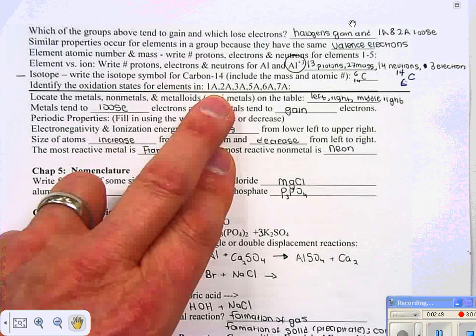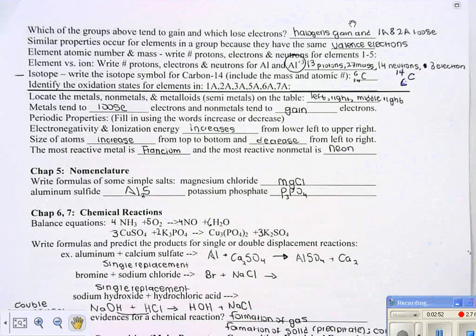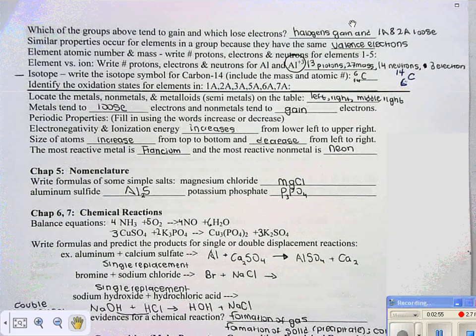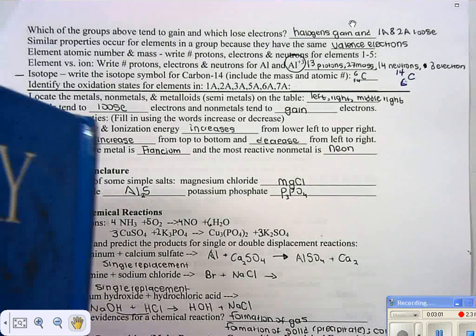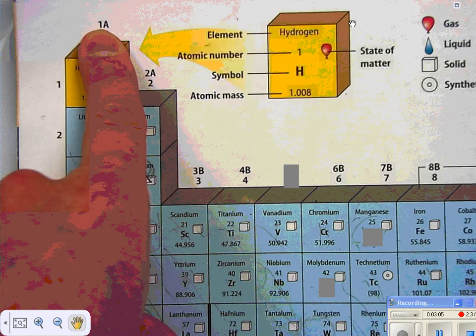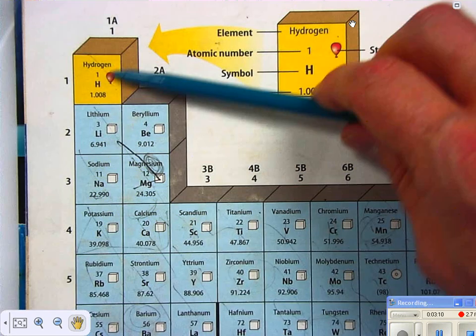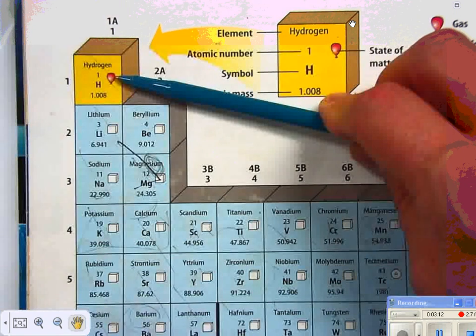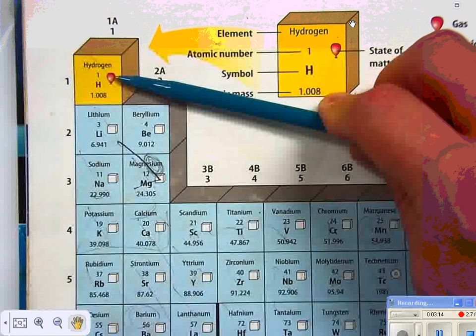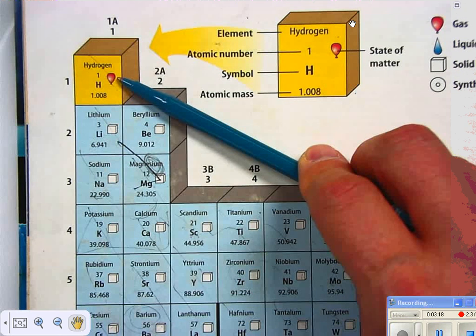Okay, in the back, you've got a little symbol in there for each of the elements. Okay, let's look at 1A. 1A is this column. And so as we go down 1A, we're going to see that this guy is what? You know what the little balloon means? That means it's a gas.